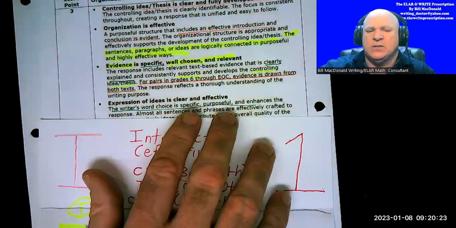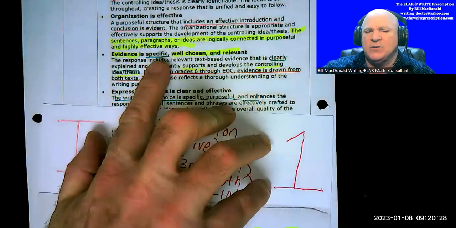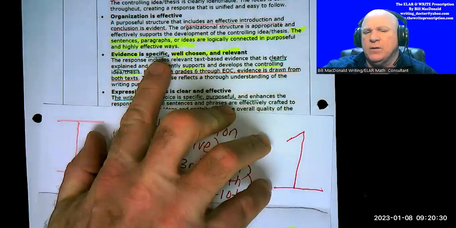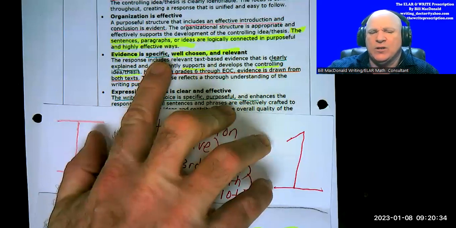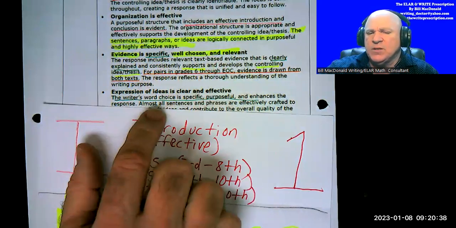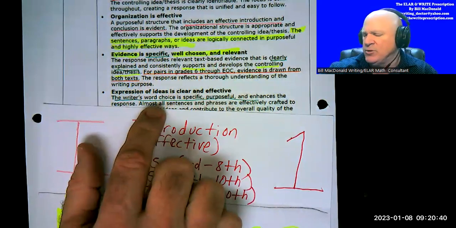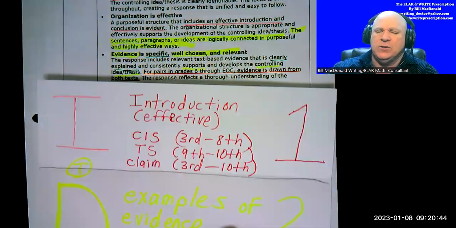Okay. Specific, in other words, don't just give me the evidence. Be specific and well chosen in the way that you explain it. Your word choice is specific, purposeful, and enhances the response. So that's why I have in here the 3.